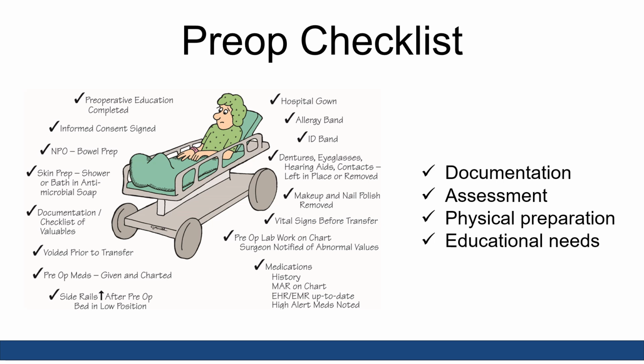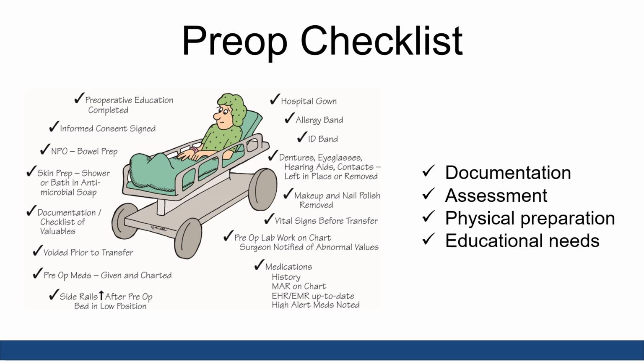This is just a small picture, a little cartoon picture that shows you some of the things that can be included in a pre-op checklist. You can read through them on your own. Just to name a few, we have informed consent signed, patient is NPO, they completed a bowel prep, patient voided prior to transfer, pre-op meds given and charted, dentures, eyeglasses have been removed, medications have been documented, including in their MAR in the chart, and high alert medications have been noted.